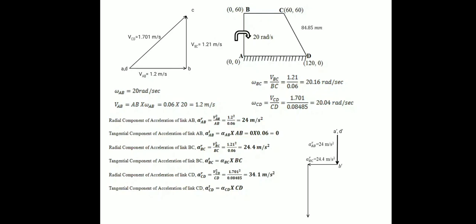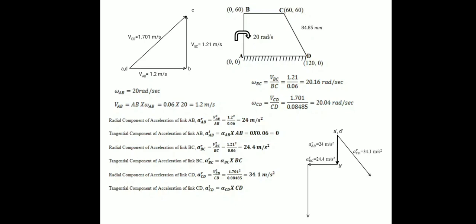Now we don't know the value of alpha, so we cannot go forward from here, so we will select another link CD, and AR CD is equal to V square CD divided by CD is equal to 1.701 square divided by 0.08484 equal to 34.1 meter per second square, which will act in the same direction of link CD towards fixed link D. So that can be drawn like this with the value AR CD is equal to 34.1 meter per second square.